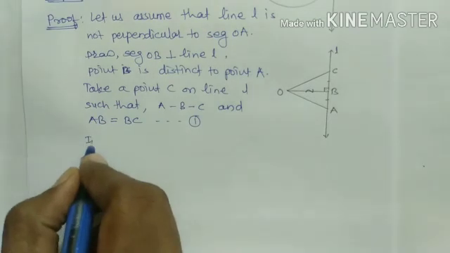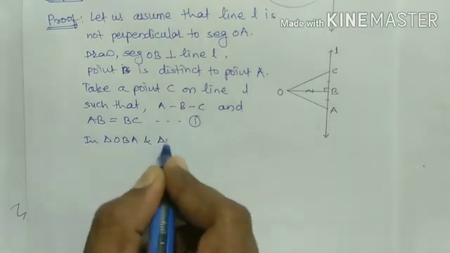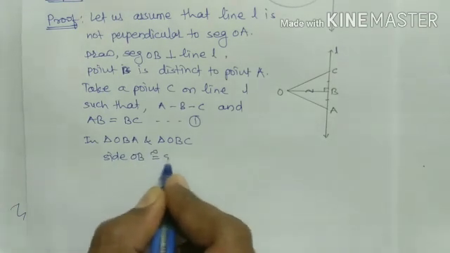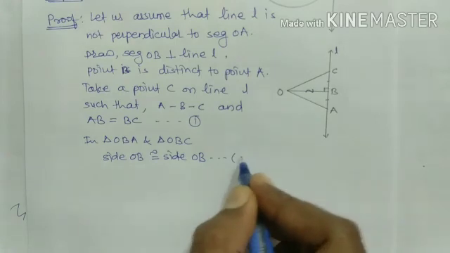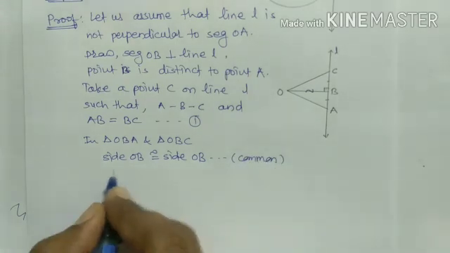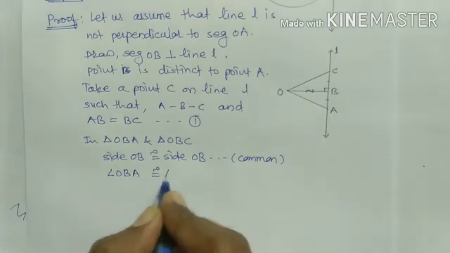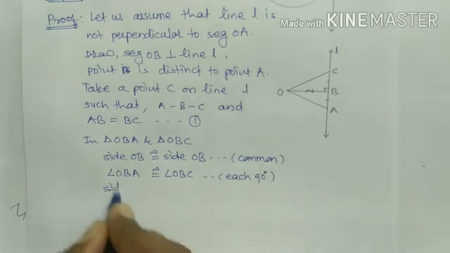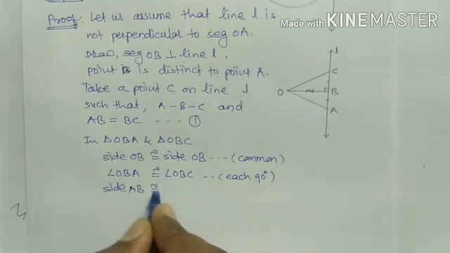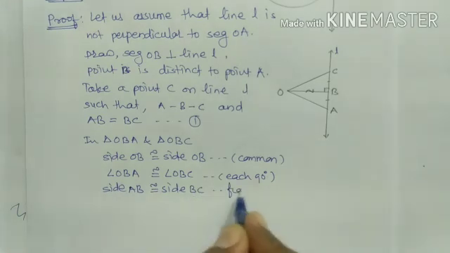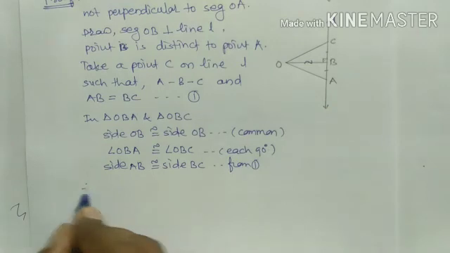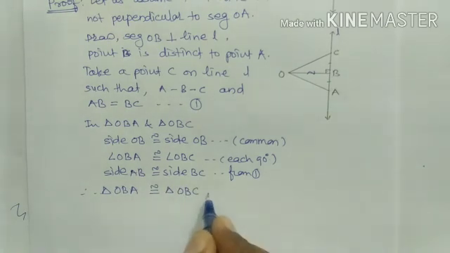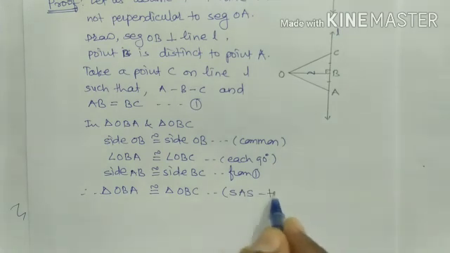See, in triangle OBA and triangle OBC, look in the figure, side OB is congruent to side OB, we can also write segment here. This is the common side. Then angle OBA is congruent to angle OBC, each 90 degrees. Then side BA or AB is congruent to side BC, which we took in the construction, and therefore triangle OBA is congruent to triangle OBC by SAS test.